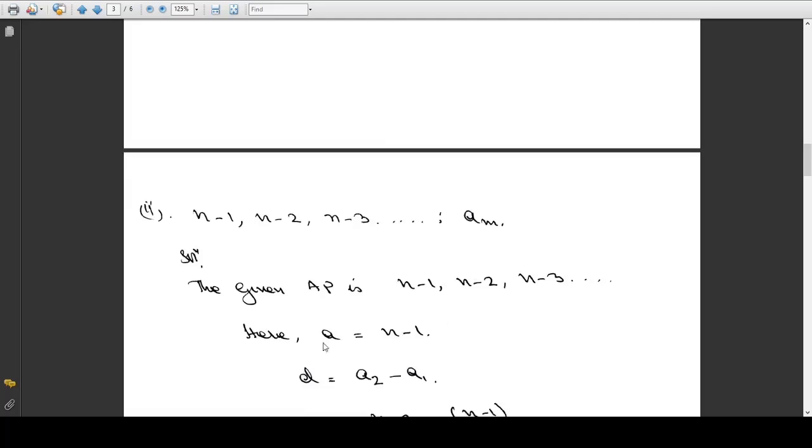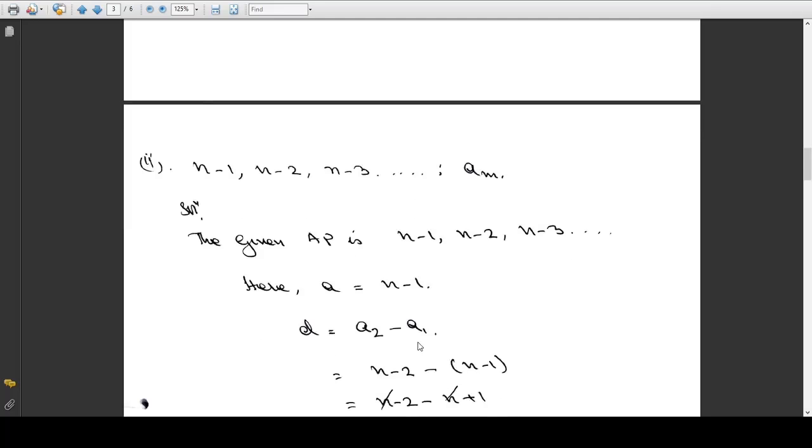In this given AP, A is the first term, which is n minus 1, and D is the difference between any two consecutive terms. We'll take n minus 2 minus n minus 1. Within the bracket you put n minus 1, because n minus 1 has two terms, therefore you write it with a bracket.